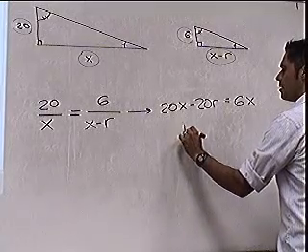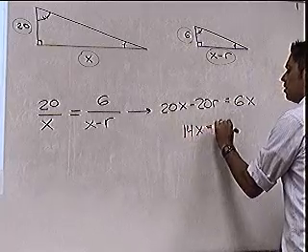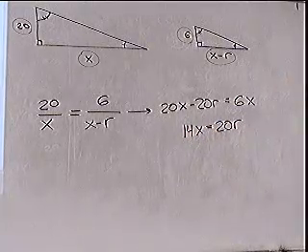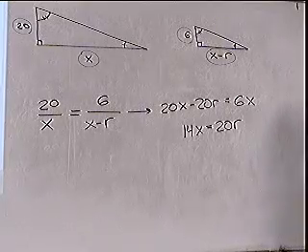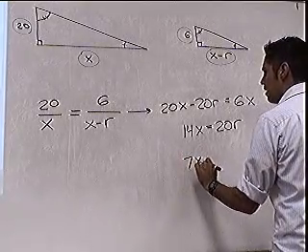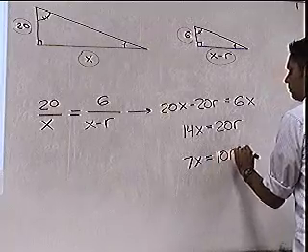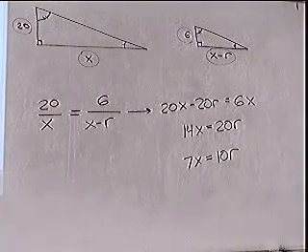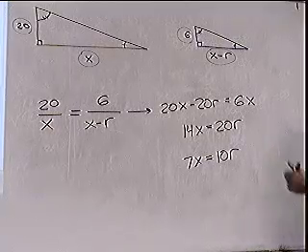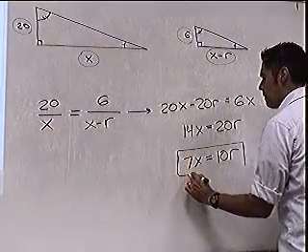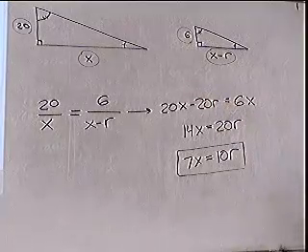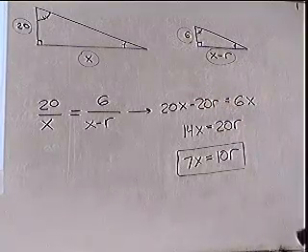I can subtract 6x, get 14x, move the 20r to the other side. And I can go even further, dividing both sides by 2. I'm just doing algebra to try and clean it up as much as I can. I'll just stop here. Isn't that easier to differentiate than that? Now I'm ready to differentiate.